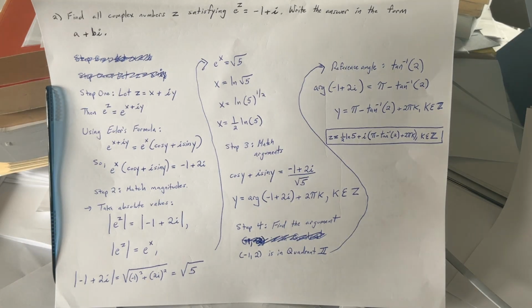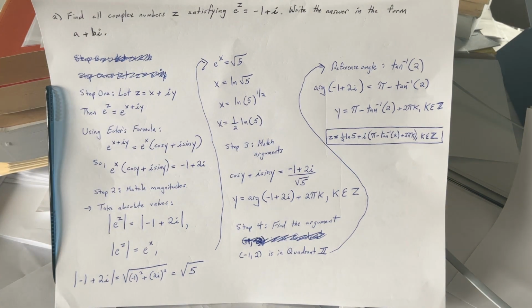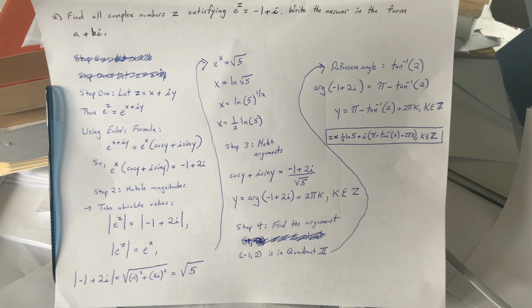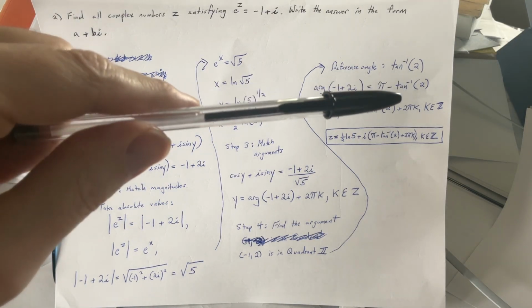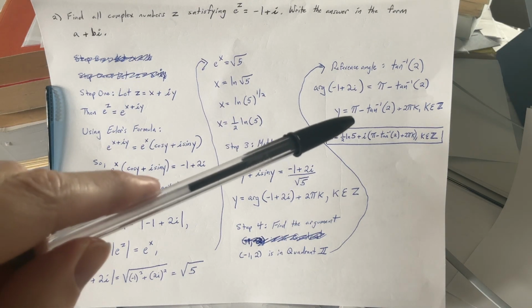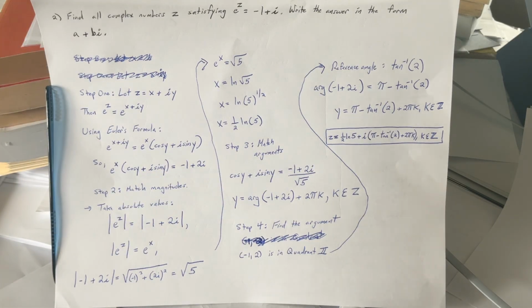Reference angle is inverse tan of 2. My apologies for misspeaking. So the argument of negative 1 plus 2i is going to be equal to pi minus, right, because it's in quadrant 2, this inverse tan of 2. So that being said, we're going to wind up with y equals pi minus inverse tan of 2 plus 2 pi k, k in Z.